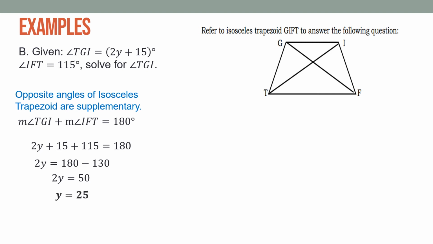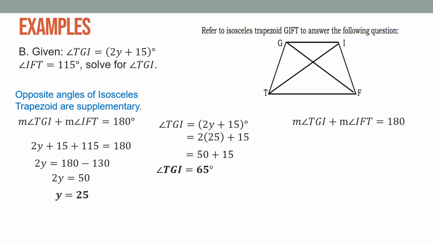So y is equal to 25. Now to find the measure of angle TGI, TGI is equal to 2y + 15. Substitute the value of y into this expression. So 2 times 25 plus 15, 50 plus 15. The measure of angle TGI is 65 degrees.